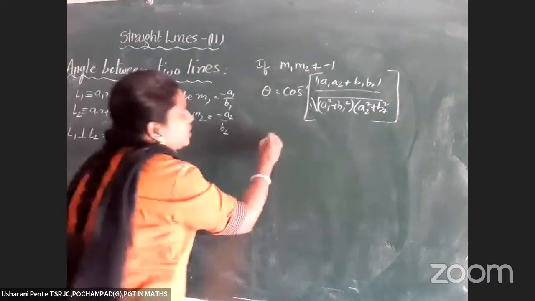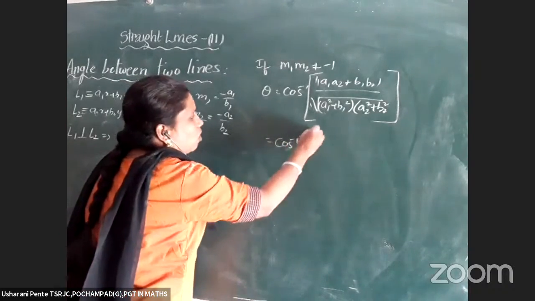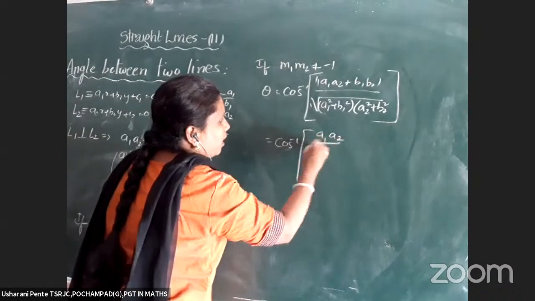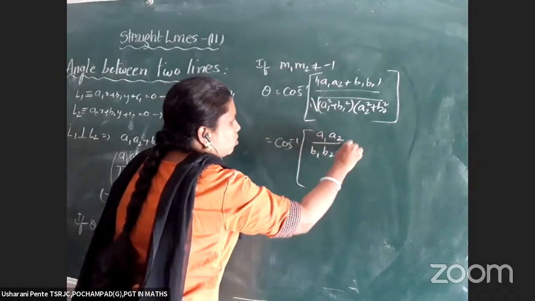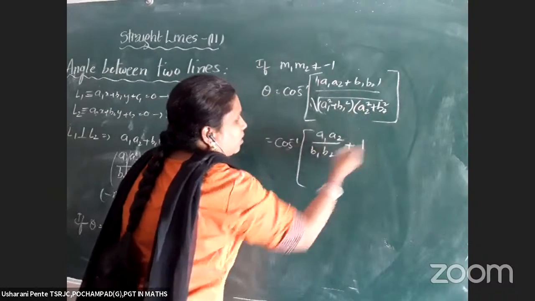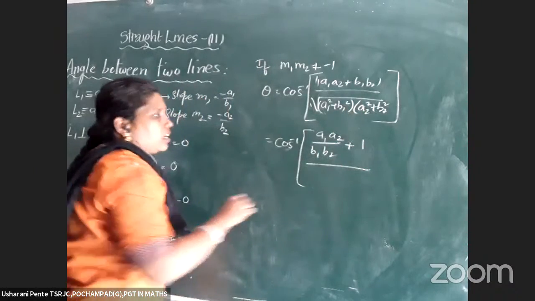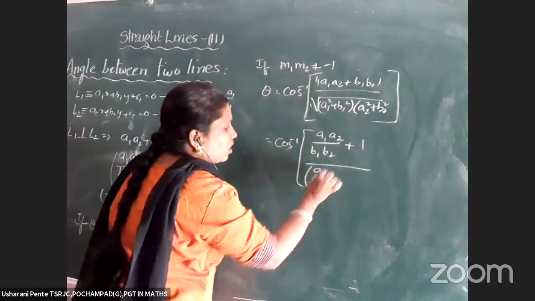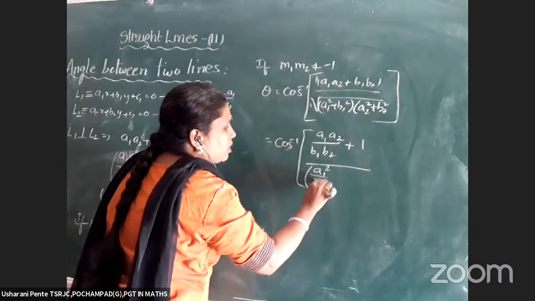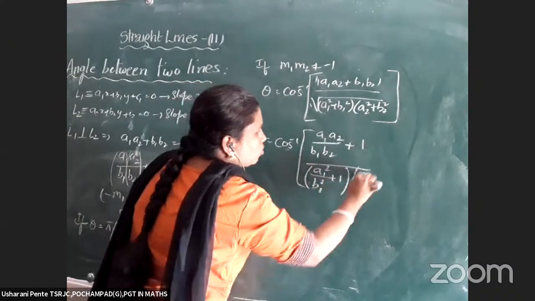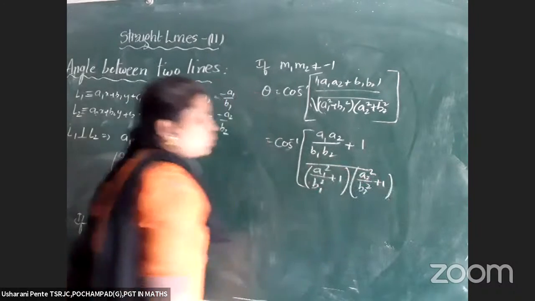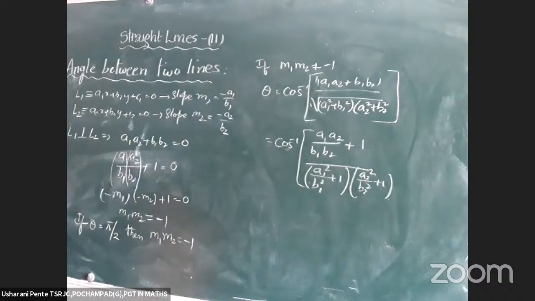Now that is cos inverse of a1 a2 by b1 b2 plus 1. Here what we are taking, a1 square by b1 square plus 1 into a2 square by b2 square plus 1, plus 1.